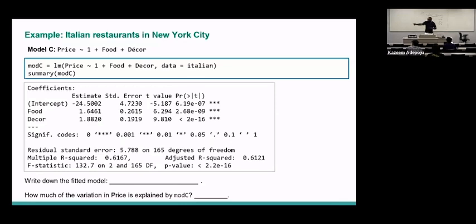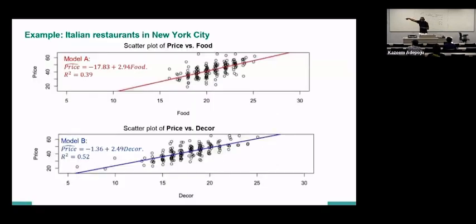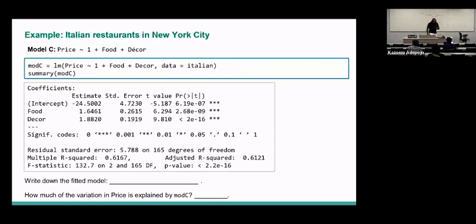The R square is 0.6167, which is higher than any of these. You see that now? There has been an improvement. That is what it means. So take a look at that. Now, they can ask you to write down the model. If you want to write down the model, it's going to be the combination of the estimates. Then how much of the variation in the price is explained by Model C.